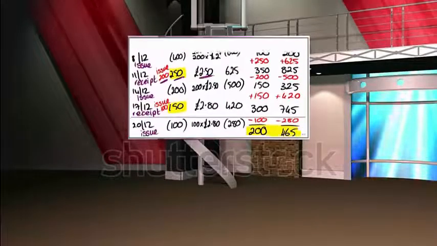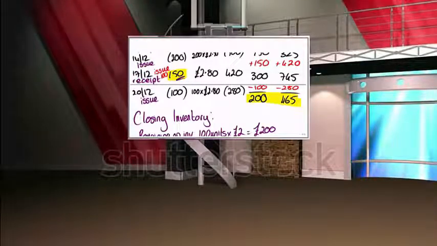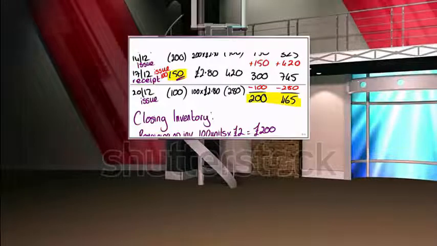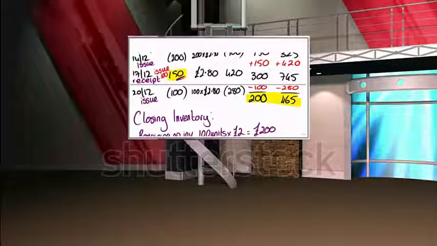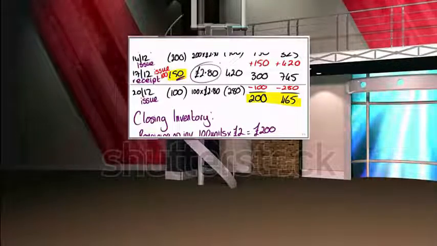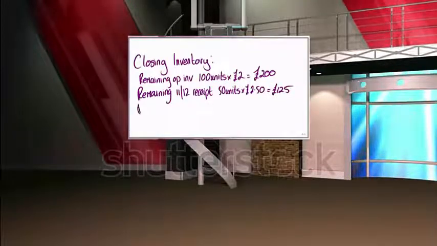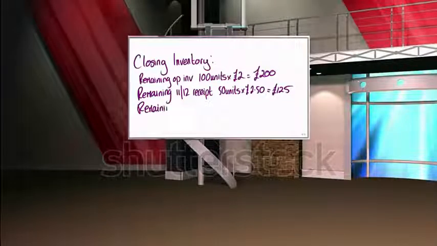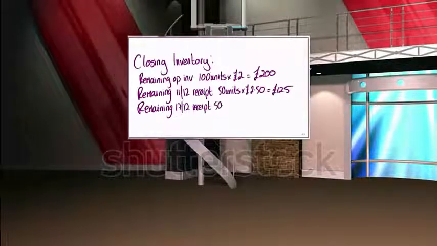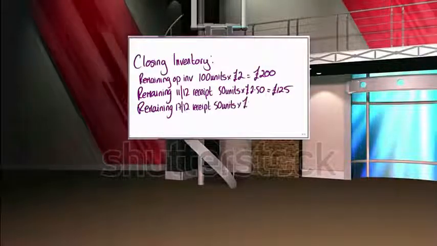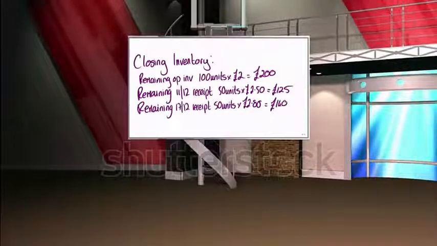Continuing on through, our next receipt was on the 17th of the 12th. We purchased 150 units, of which we have issued 100 to production. So the last 50 units we have in our warehouse are from this batch and have a value of £2.80. So if we add that in, we have remaining from the 17th of the 12th receipt, 50 units by £2.80 gives us 140.